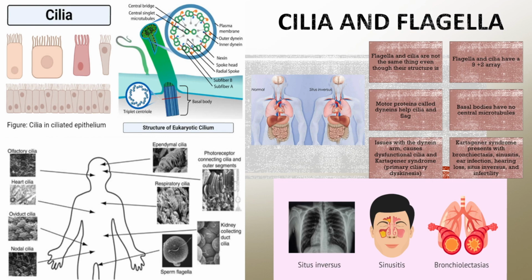Well, if there is an issue with the dynein arm, it can cause Kartagener syndrome, which is also known as primary ciliary dyskinesia. So what happens is issues with the dynein arm cause the cilia to be immotile, so the cilia can't move. Now, this results in decreased male and female fertility because the sperm can't move, and there's also dysfunctional fallopian tube cilia.